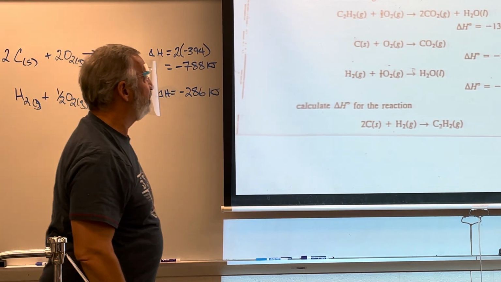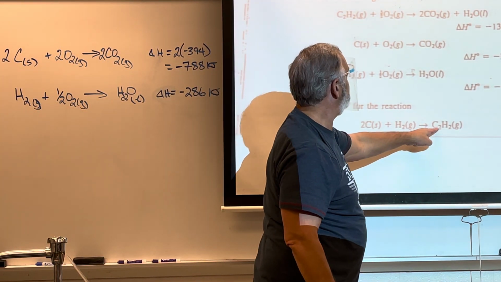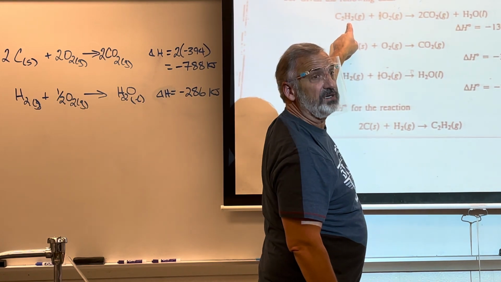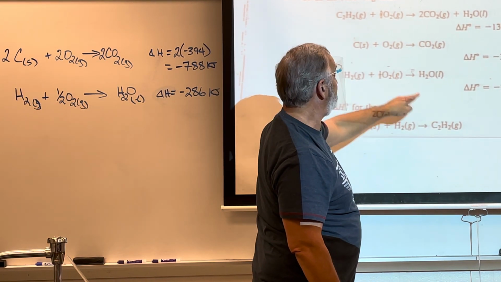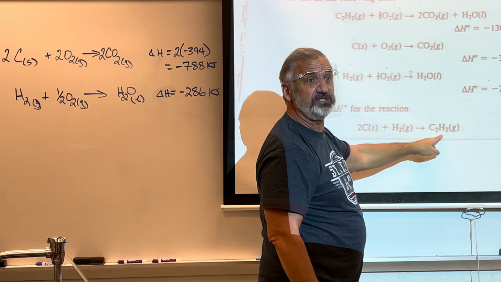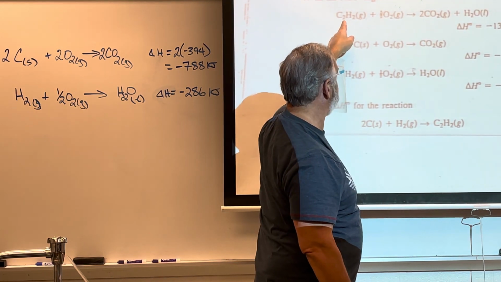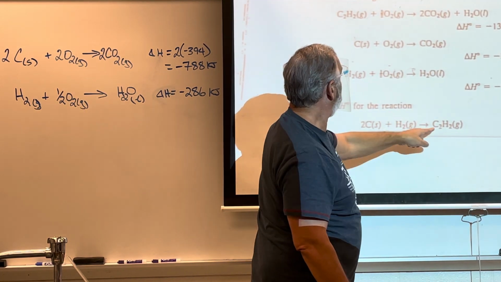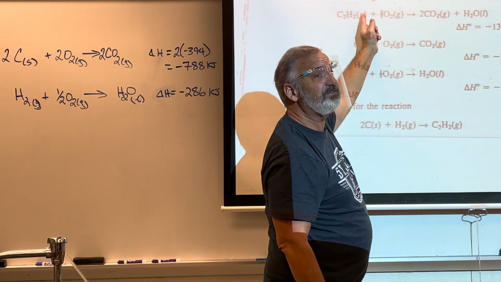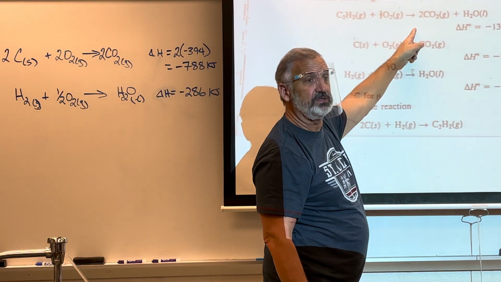So now I need to find the C2H2. C2H2 is here. I need it on the right-hand side of the equation. I need it as a product, so I'm going to have to flip this, okay? I only need one, and I have one, so all I have to do is reverse this equation.